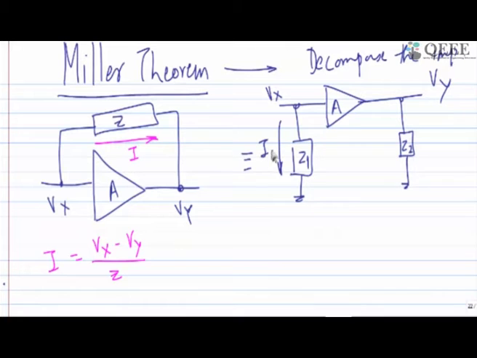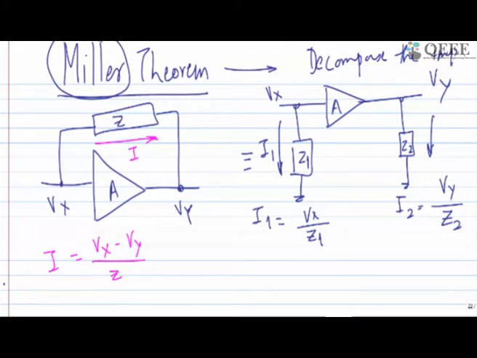The current flowing through this one, if it is I1, is Vx by Z1, and the current flowing through this one is Vy by Z2. And I assume that both the currents are equal. So I is equal to I1 and I is equal to I2. I'm not doing anything wrong with the current, right?